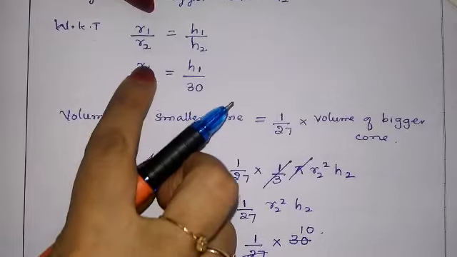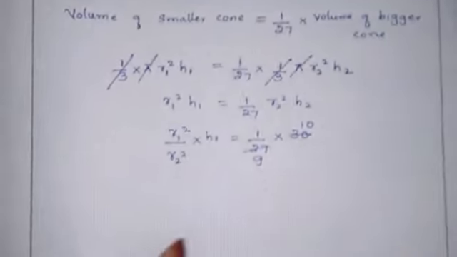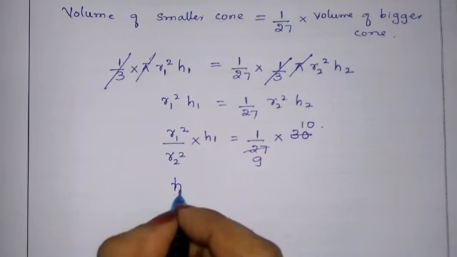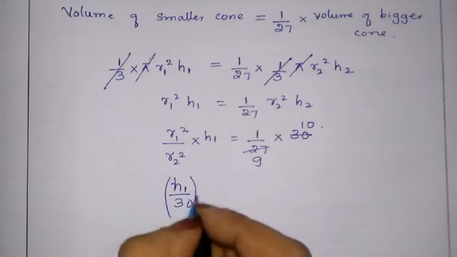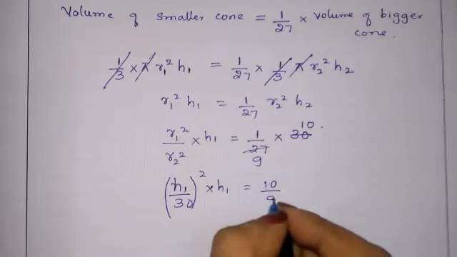Now r1 upon r2 is nothing but h1 upon 30. So in place of r1 upon r2 I'll write h1 upon 30. Square is there, so (h1 upon 30) square into h1 is equal to 10 by 9.